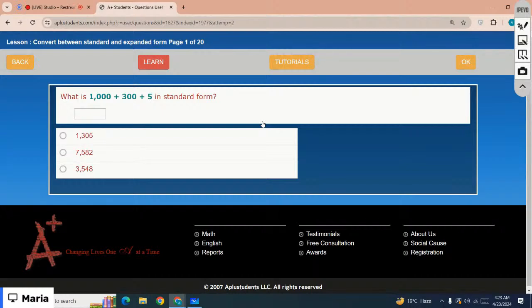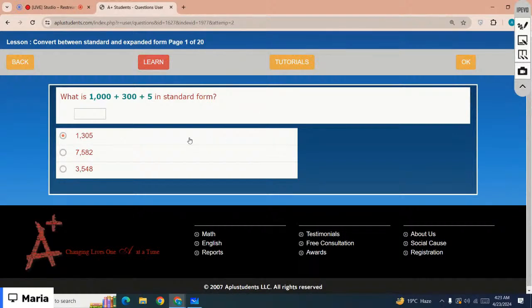Which is the correct option? The correct option is 1305.